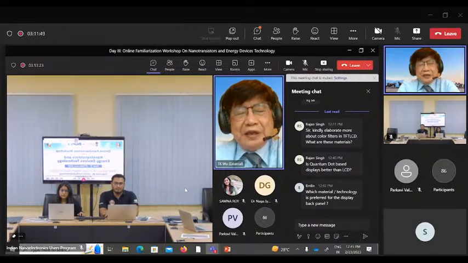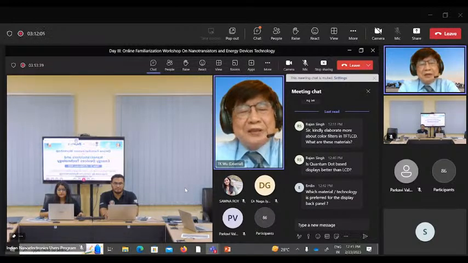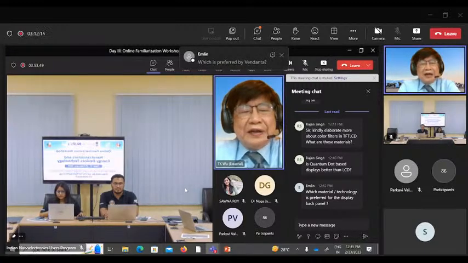In TFT LCD, we only need 4 masks or 5 masks in the array portion. For polysilicon, we need 7 to 9 masks. I mean, the cost is much higher. But polysilicon will work for very high-end smartphones where we need a very high PPI.